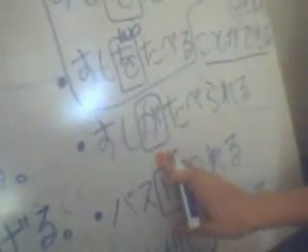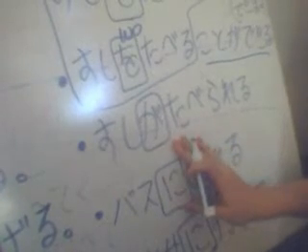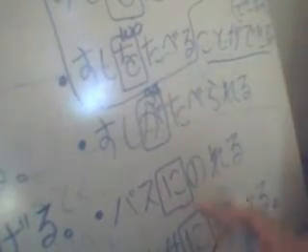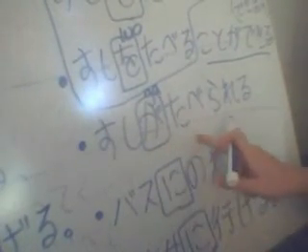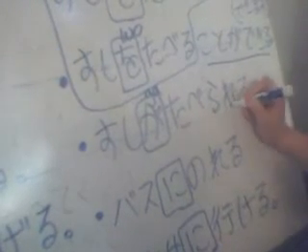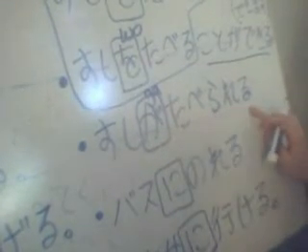But finally, if you use the last way of using potential form, you're using the ga particle now. So sushi ga taberareru. I erased it, but it's still there. Sushi ga taberareru.